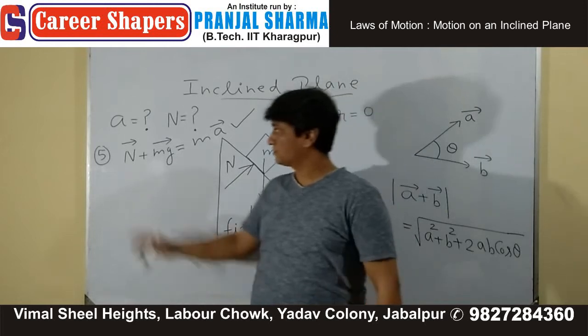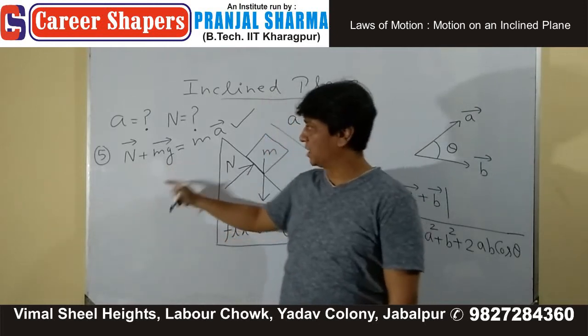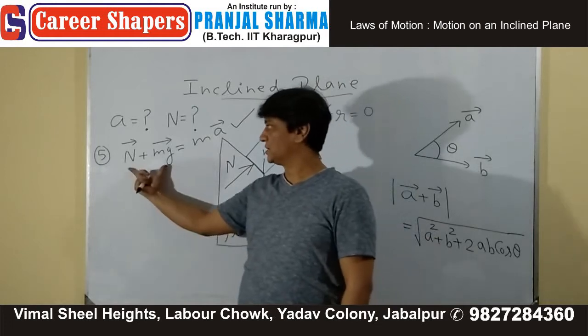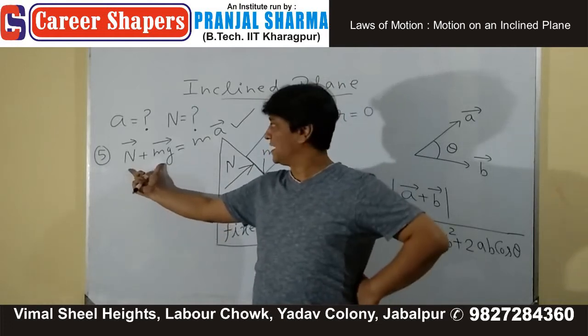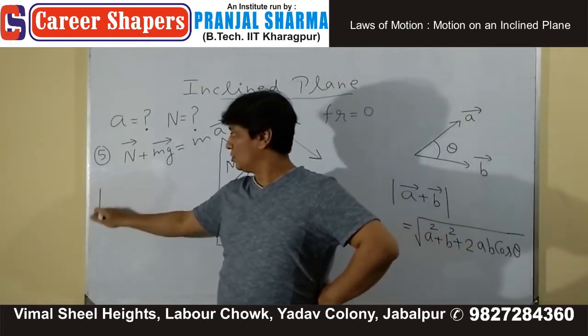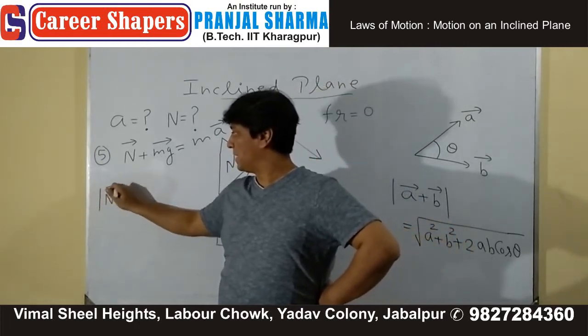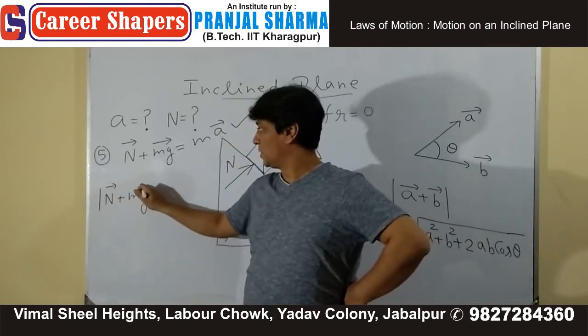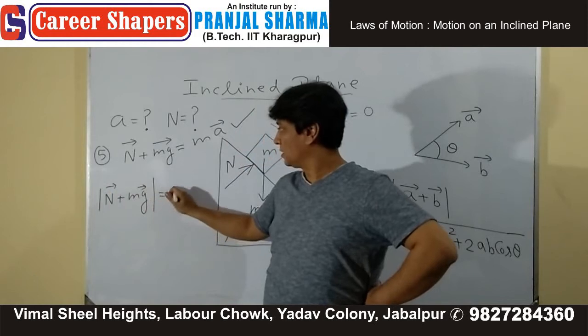सो ये जो लिखा हुआ है, क्या लिखा हुआ है, N प्लस Mg इक्वल्स टू Ma. नाउ मैंने आपसे बोला व्हाट इज दिस नेट फोर्स? मास इनटू एक्सेलरेशन. दोनों तरफ मैग्नीट्यूड कर दो इसका.